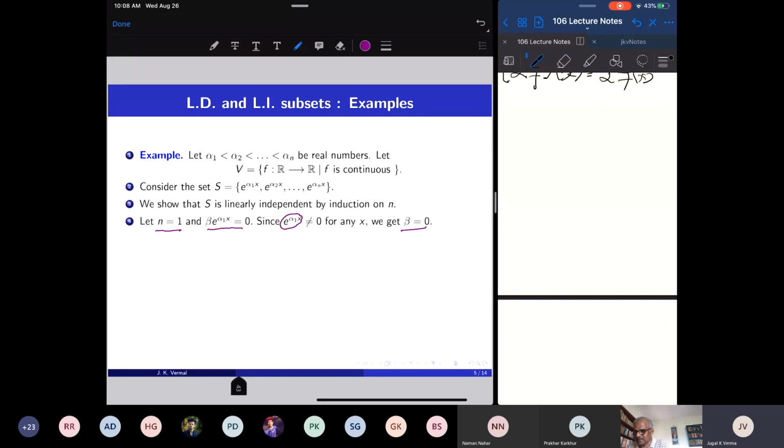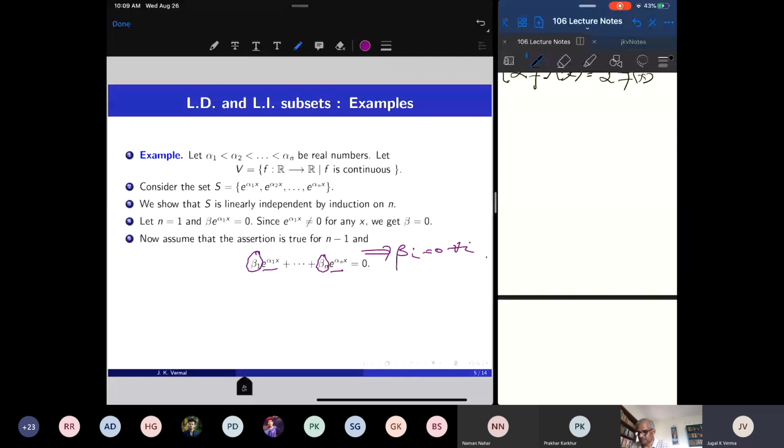Now I assume this fact for n minus 1. Assume the assertion is true for n minus 1, and we will prove it for n. So take these n exponential functions and take this linear combination where the coefficients are β1, ..., βn, and this produces the zero function. Then I want to show that each βi is 0 for all i.